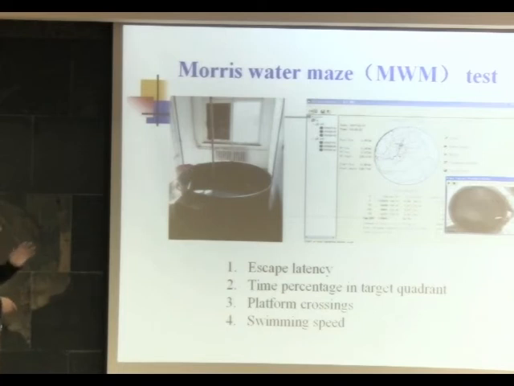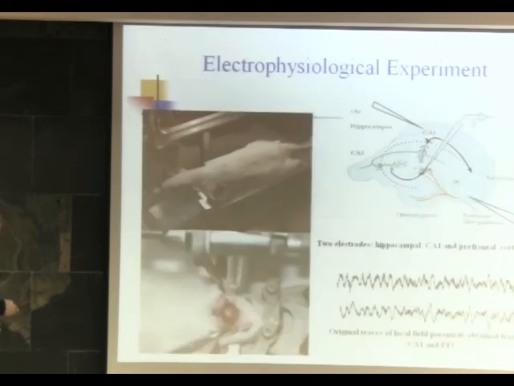So this is just to simply introduce the Morris water maze, by which we can measure the animal's cognitive abilities. And now I would like to introduce the electrophysiological experiment.